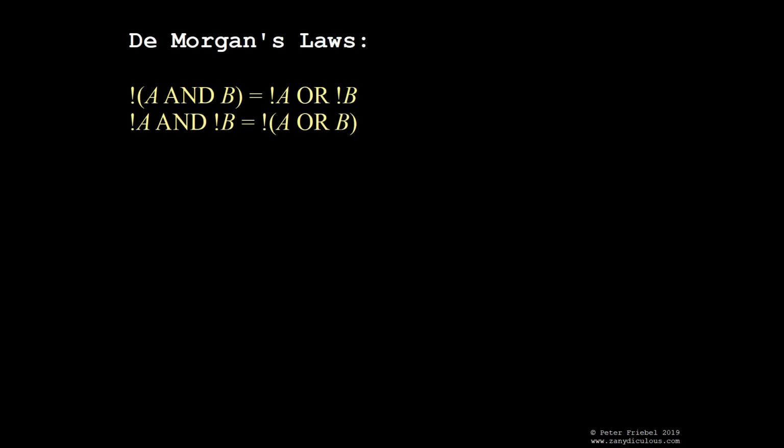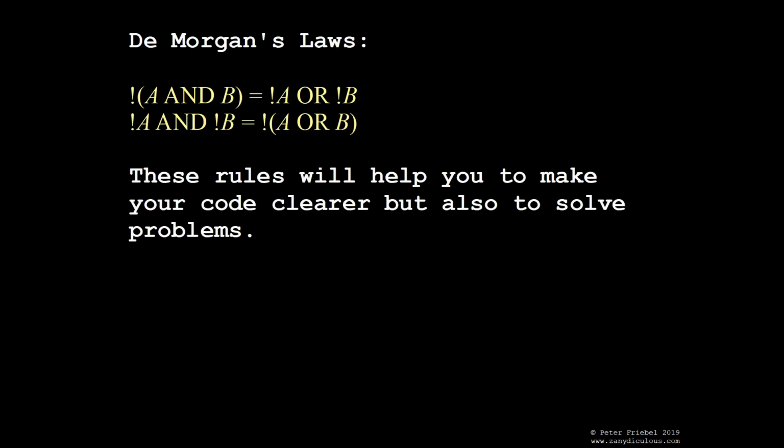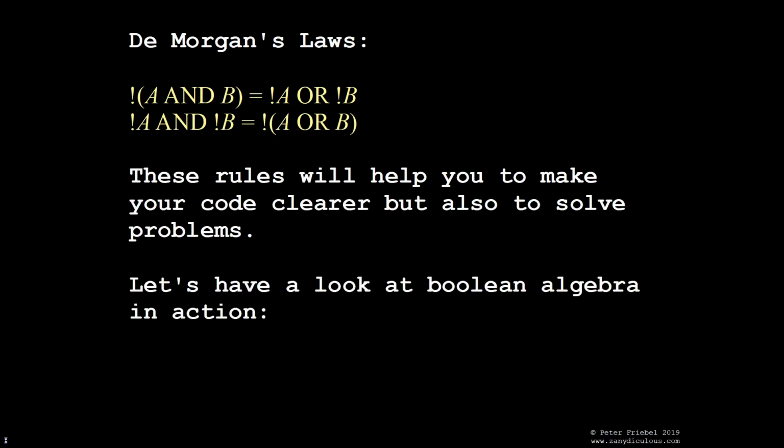Not A and B is equivalent to not A or not B. Not A and not B is not A or B. I'm trying to say it as it is written, but you get the drift. You see what's written there. These rules will help you to make your code clearer, but also to solve problems, as we will see.